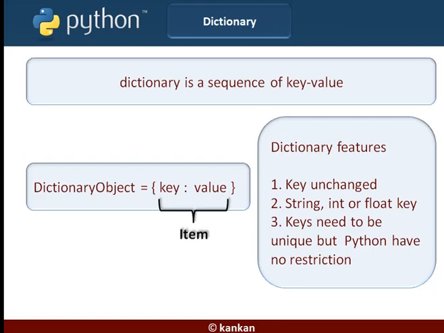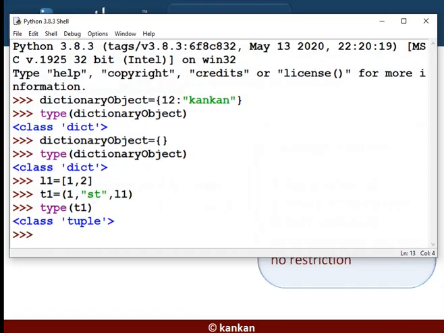Just see the code example. Suppose D2 is a dictionary type of object. These are the values within this object. Next, again I have repeated the key.